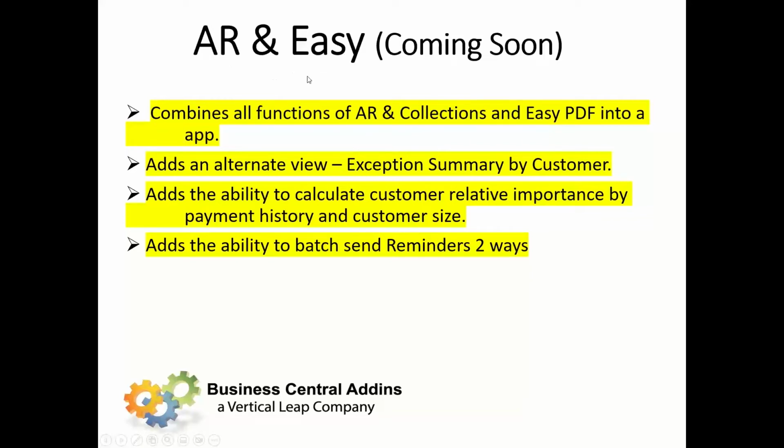One of those things is the ability to batch send reminders, and we can send reminders two different ways. One is with levels of reminders, using the Business Central reminder report, which will allow levels. That is, you can use the email message body to say, level 1 reminder might be, dear customer, please give the attached report your earliest attention.